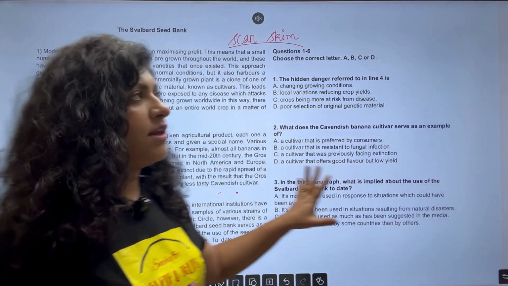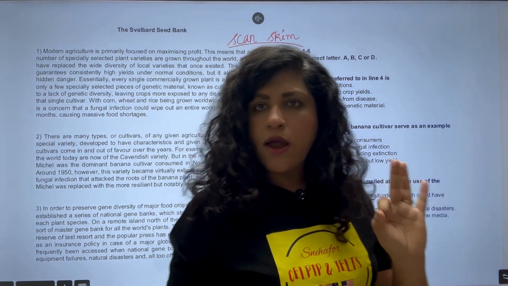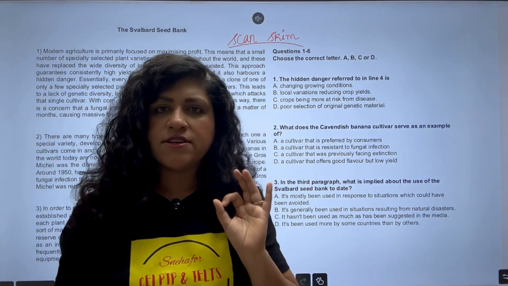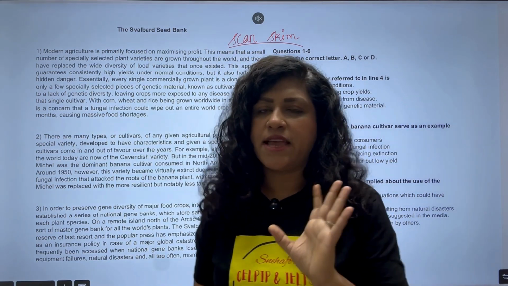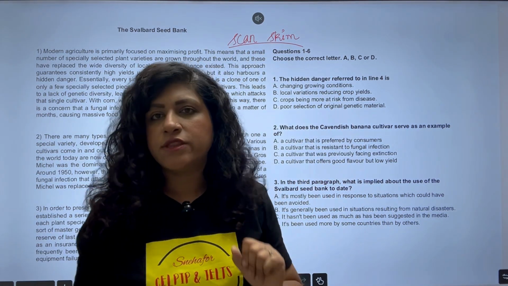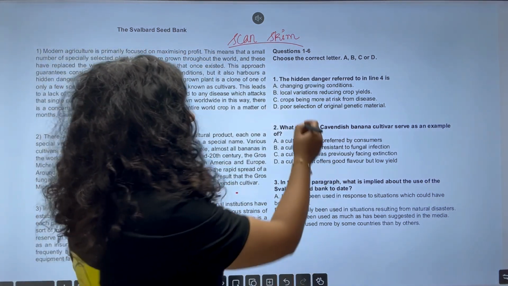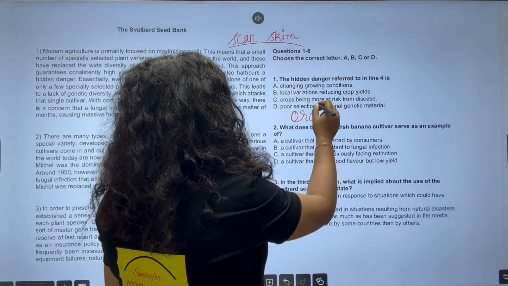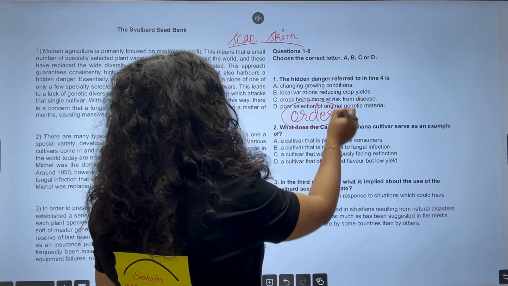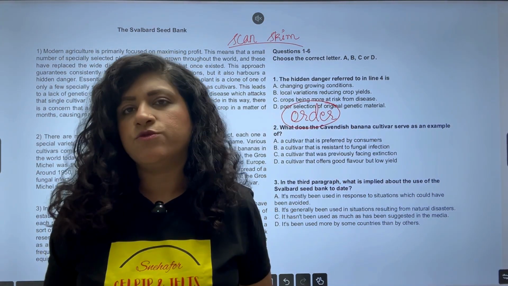So in your MCQs, what you're going to do is you are going to pick keywords from the question, scan the text, and mark your answer accordingly. And there is one more thing that you need to keep in mind. If you remember from our previous video, we already discussed this thing, that some of the questions follow the order of the passage, and MCQs also do the same.